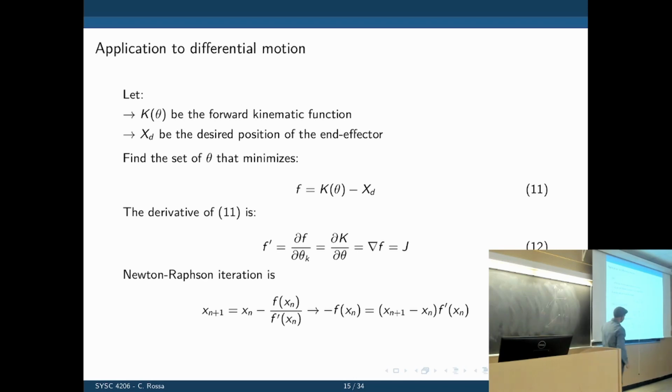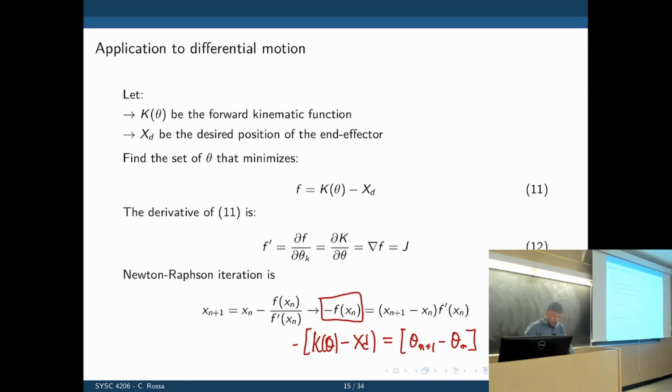What is this one? The next iteration minus the current iteration. Well, that's simply the variation in the angles between two iterations, theta n plus 1 minus theta n.